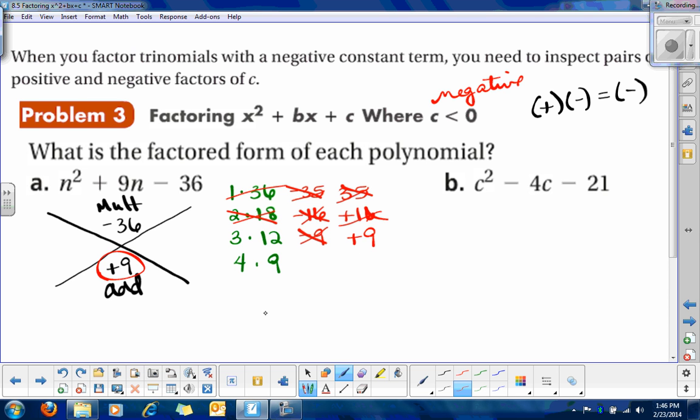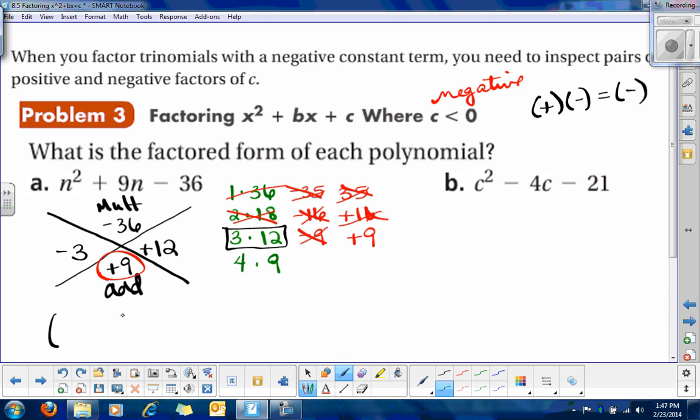Yes. So that means that 3 and 12 are the factors that we're going to use. So 3 and 12. And again, we want a positive 9. We want a positive answer, so we have to take the sign of the higher number. So that means that the 12 has to be positive and the 3 has to be negative.